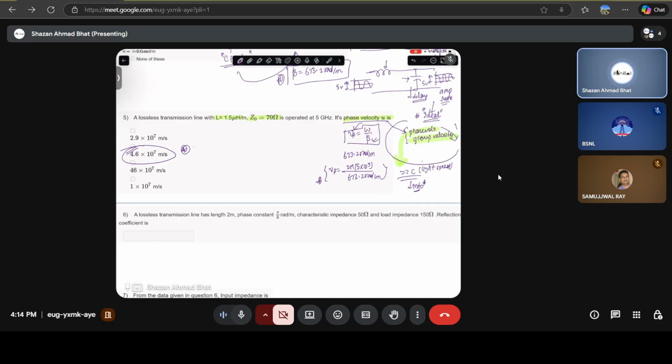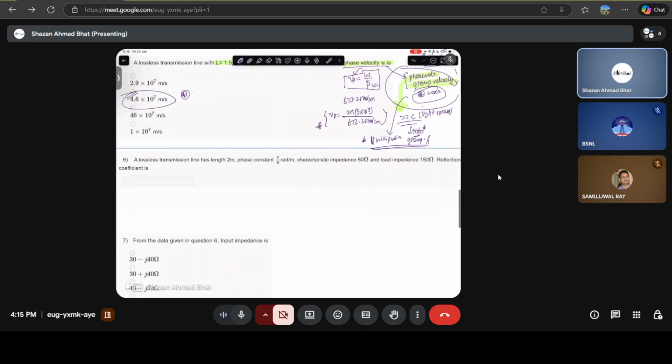If you are interested in knowing more, you can check the Wikipedia page on group velocity and phase velocity because we are running out of time.